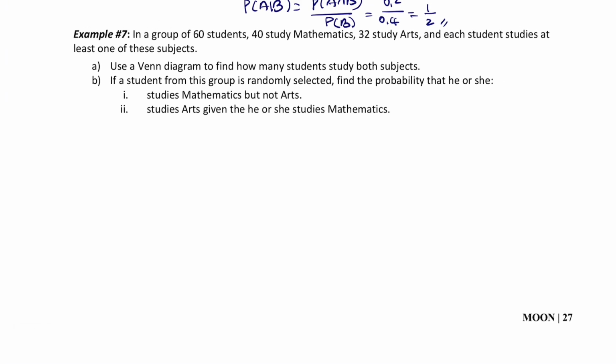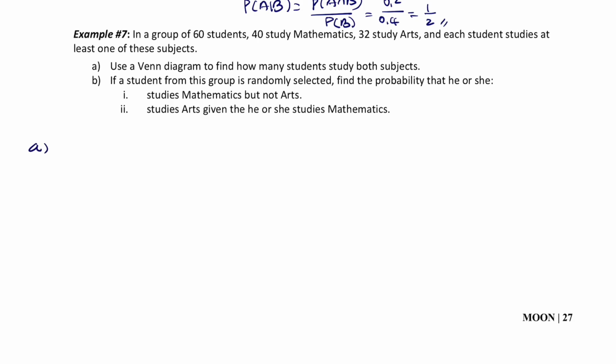So we have here the example 7: in a group of 60 students, 40 study mathematics, 32 study arts, and each student studies at least one of these subjects. So we first have to identify the Venn diagram to find how many students study both subjects.